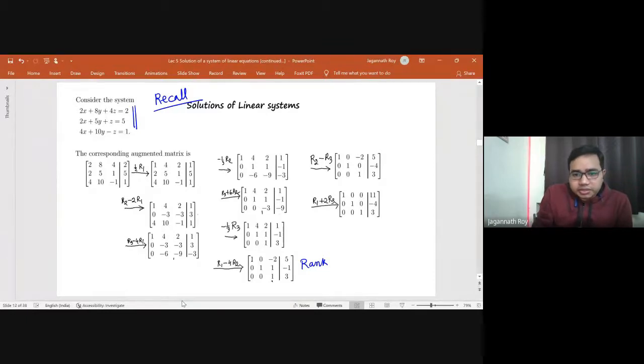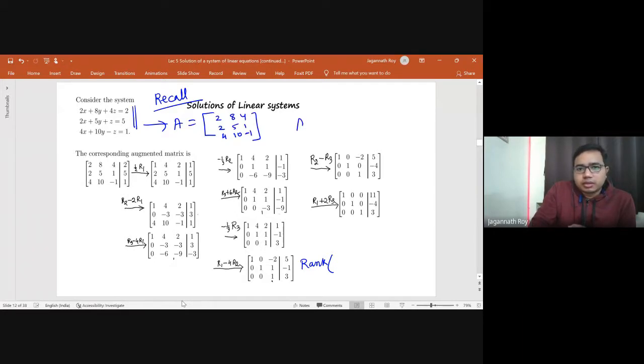So the rank of this matrix, let us call, so from here, let us write the augmented matrix. A is the matrix, this one: 2, 8, 4, then 2, 5, 1, and then 4, 10, minus 1.